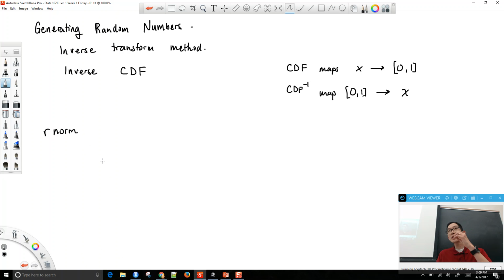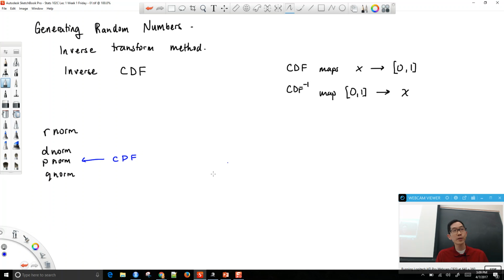But let's say they got rid of the Qnorm function, but they kept Dnorm, Pnorm, and Qnorm. Which one of these corresponds to the CDF? The Pnorm. This is the CDF, right?